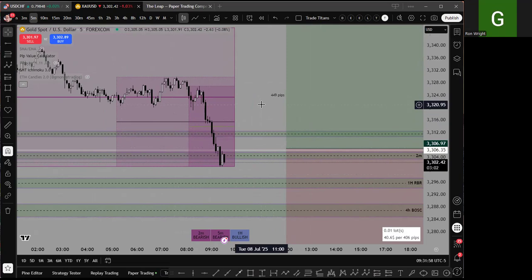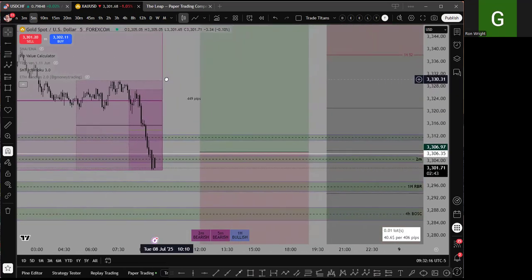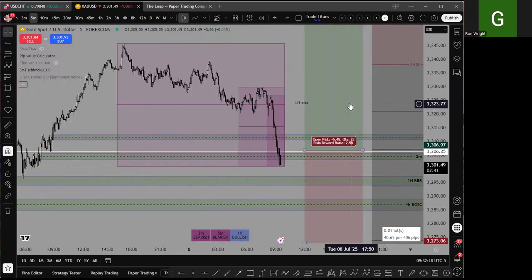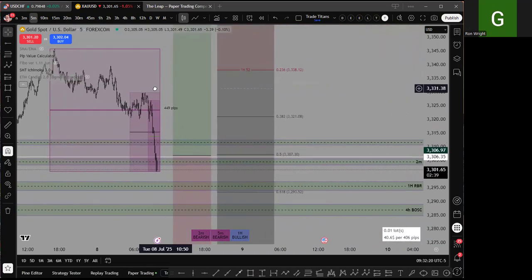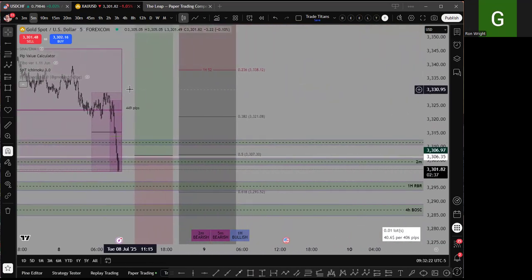3296 is close to one that I had before, which was 3295, a low I was looking for it to get to at some point. I can't remember why I came up with that price, but based on my two fibs, I'm looking for price to come back to 3293.